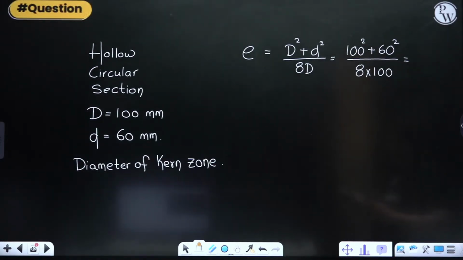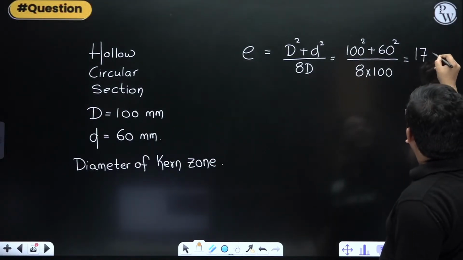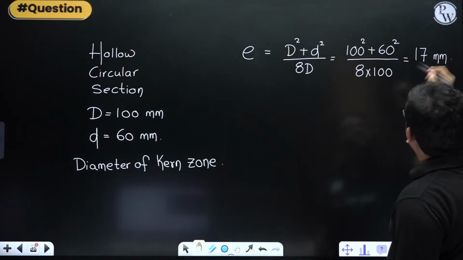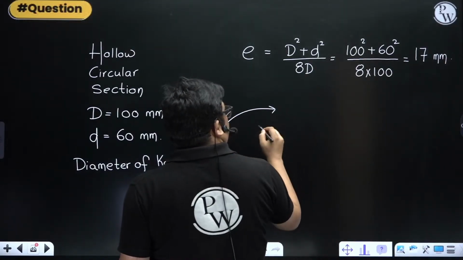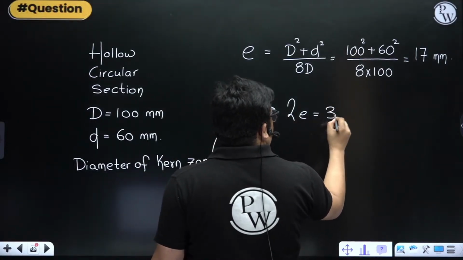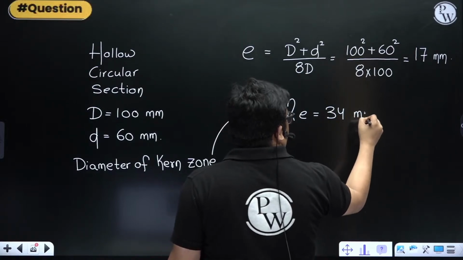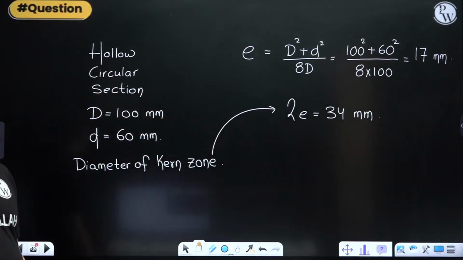We are getting 17 mm, right? This is the eccentricity. So what is the diameter of the core? It will be 2 times the eccentricity, that is equal to 34 mm.